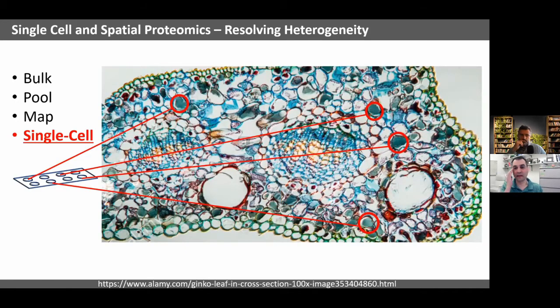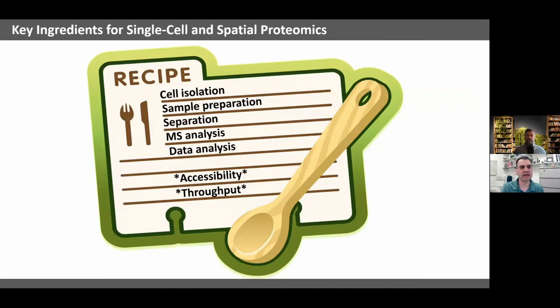And then finally, looking similar to the pooling method, but taking each one of those cells of interest and placing them in different sample processing containers to monitor protein expression from cell to cell. So these are the different approaches that we use for different applications.